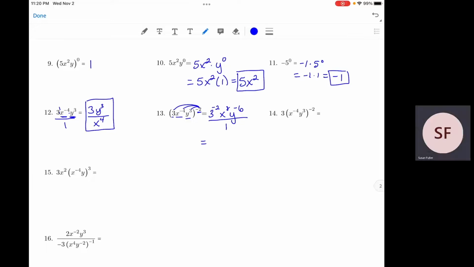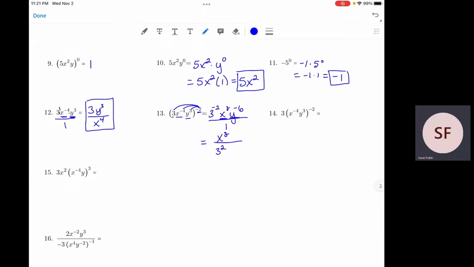Here we go. 3 to the -2. Stay or go? The negative exponent says you gotta go. So we're going to move that to the denominator. When we cross the division bar, the exponent becomes positive. X to the 8th. Should it stay or should it go? The positive exponent says stay. And y to the -6th.